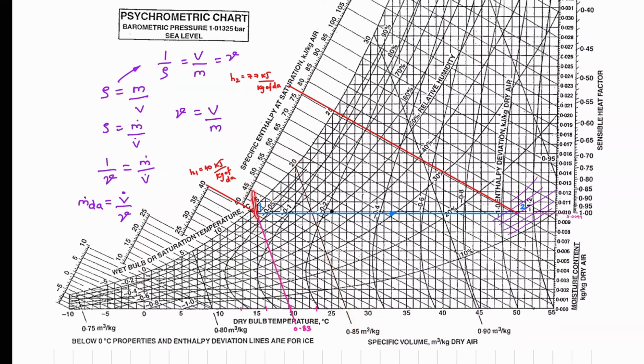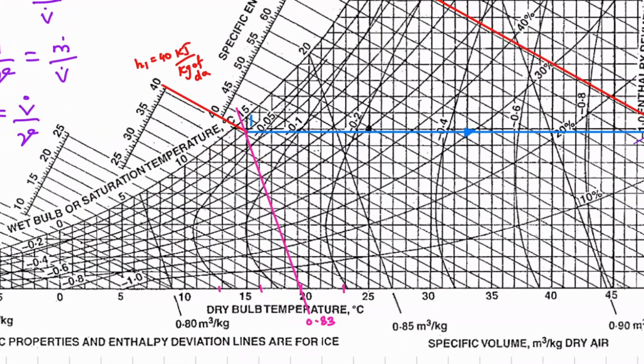So you will get a line like this. Now this value of specific volume is 0.8, this value is 0.85. Here you can see I have divided this 0.8 to 0.85 in 5 equal parts, 81, 82, 83, 84, 85. According to that I am getting specific volume approximately, because this is graphical method. So approximately I am getting 0.83 as the specific volume of point 1.